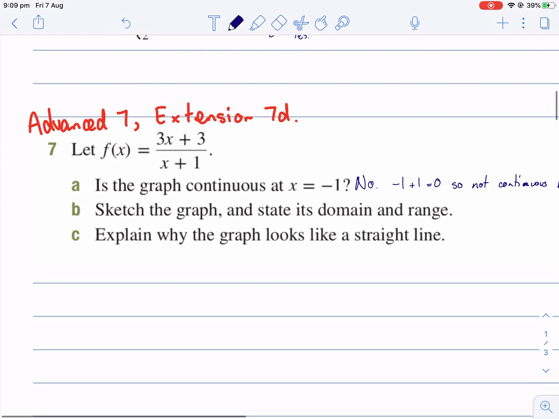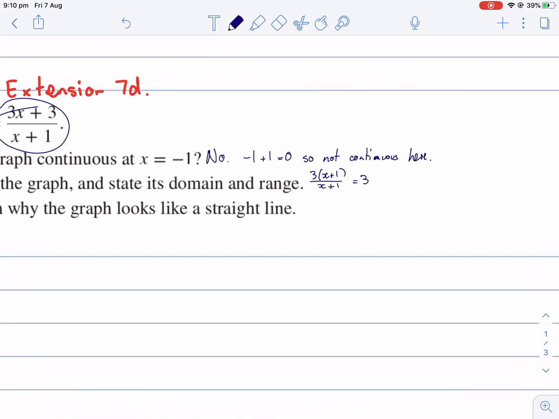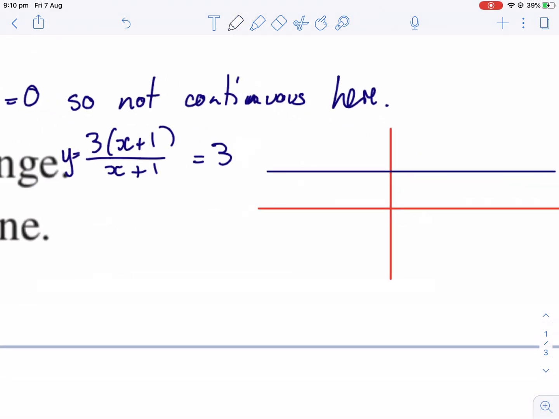But funnily enough, even though they've given it to us like this, it is actually just 3 lots of x plus 1 over x plus 1, which equals 3. This is literally just, if I do a little x and y, y equals 3 the whole way along, except we have a hole when x equals minus 1.